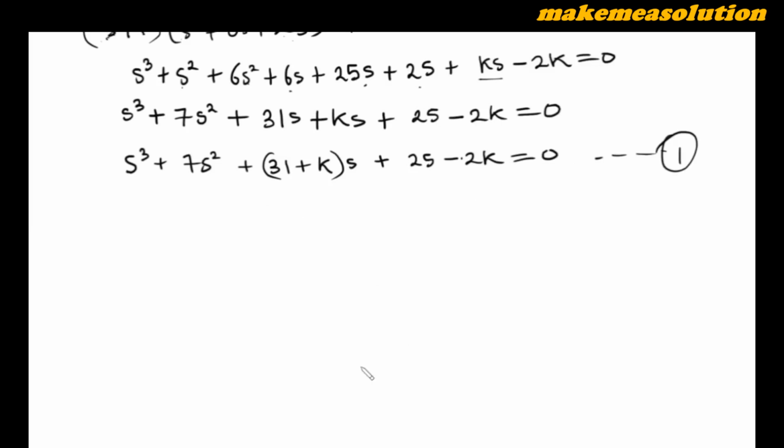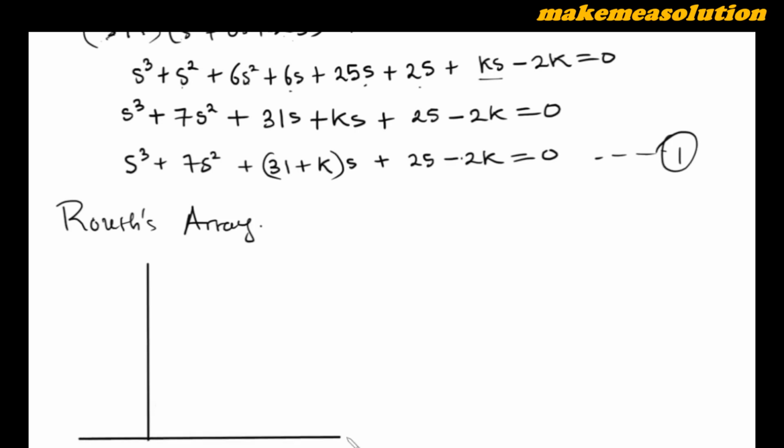So having gotten our characteristic equation, we are now going to form our roots array. So forming the roots array will be like this. Our roots array is going to consist of s^3, s squared, s^1, and s^0.